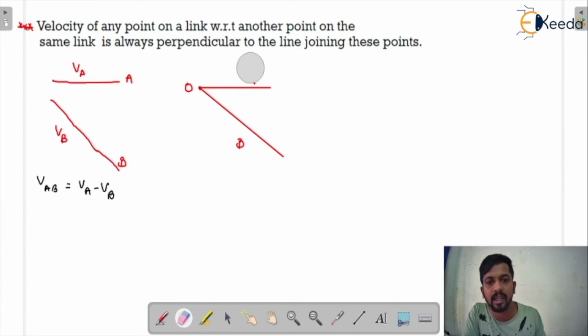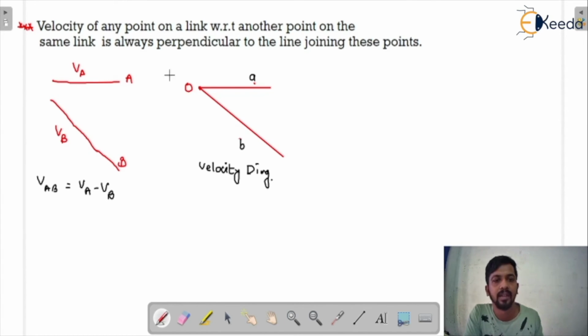I am denoting them as small letters because that would be the velocity diagram, not the general free body diagram. When using the velocity diagram, you must denote terms in small letters in order to make a difference between the velocity diagram and the free body diagram. So that is basically a velocity diagram.